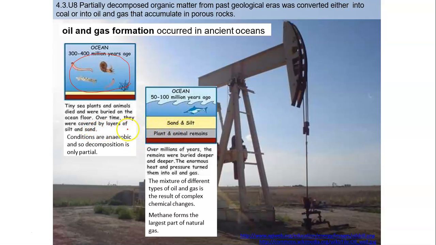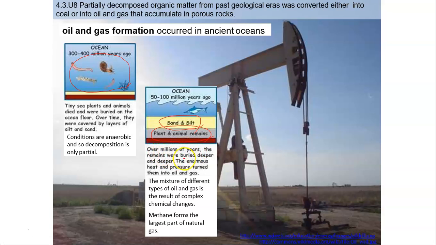So over time, from 300 to 400 million years ago until about 50 to 100 million years ago, these plant and animal remains were covered by sand and silt.